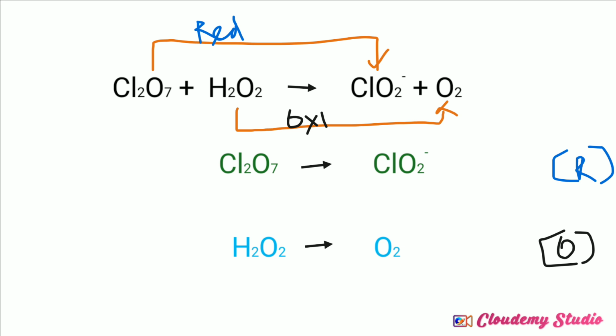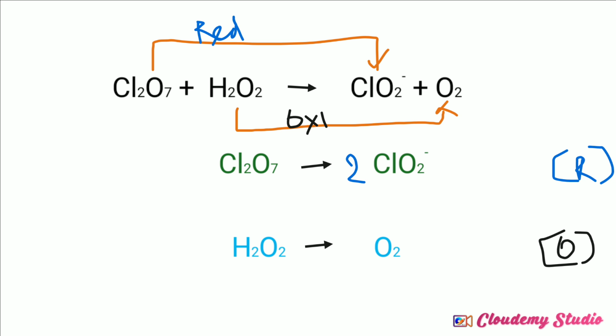Now when we check the first half reaction, that is the reduction reaction, in Cl2O7 two chlorine atoms are present at the left hand side, but the right hand side has only one chlorine. Therefore this species we need to multiply by 2.